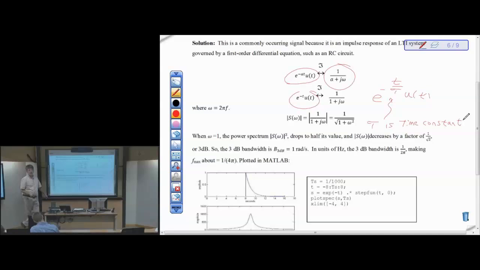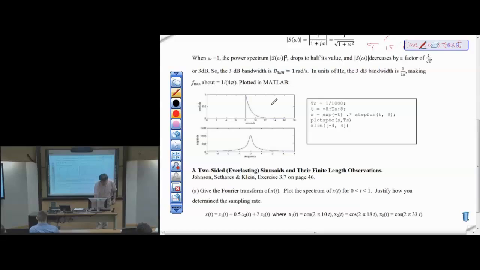And 1 over tau tells you the bandwidth. Here tau is 1 in the problem. So that time delay is 1 second, and the effective frequency, or the bandwidth, is 1 hertz. And again, through simulation, we can find that approximate bandwidth.